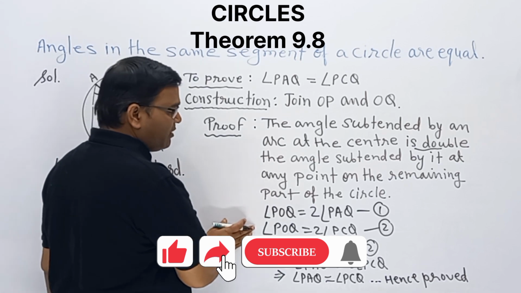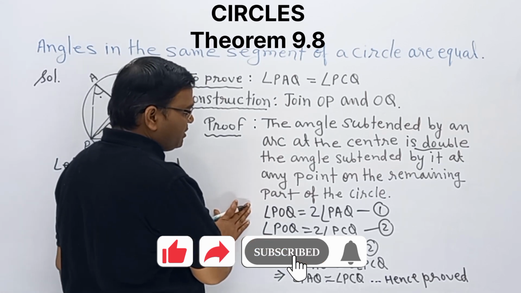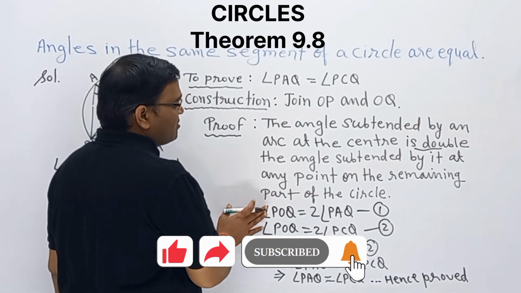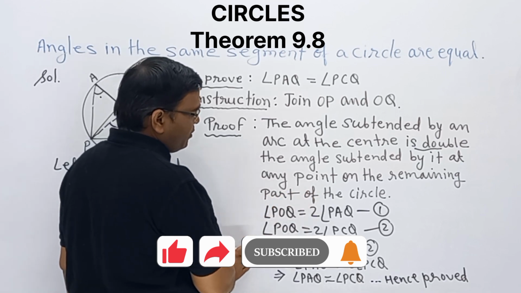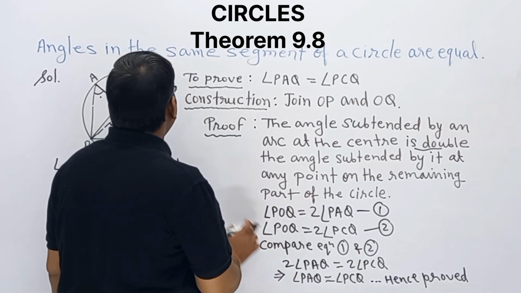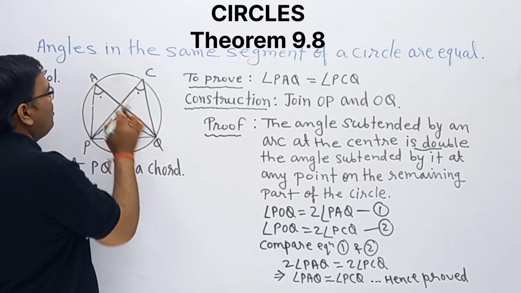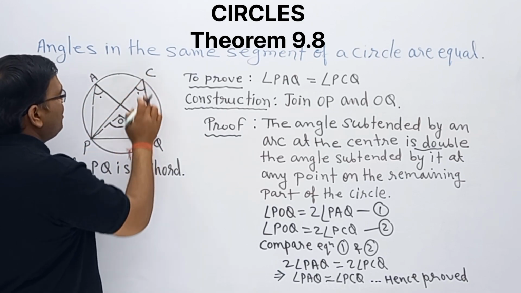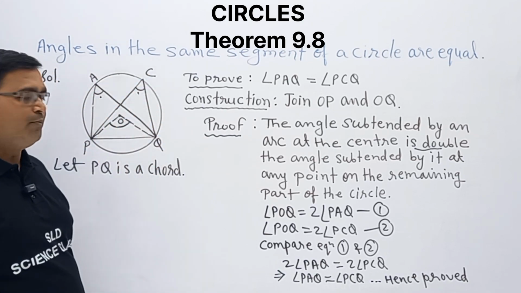We are getting two equations. Comparing both equations, the left hand sides are equal, so finally angle PAQ equals angle PCQ. This is what we wanted to prove, and we proved it.